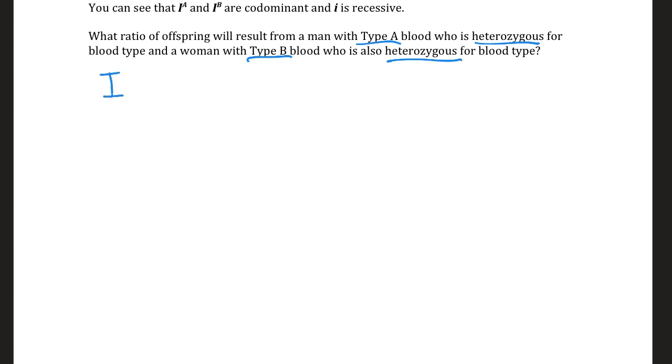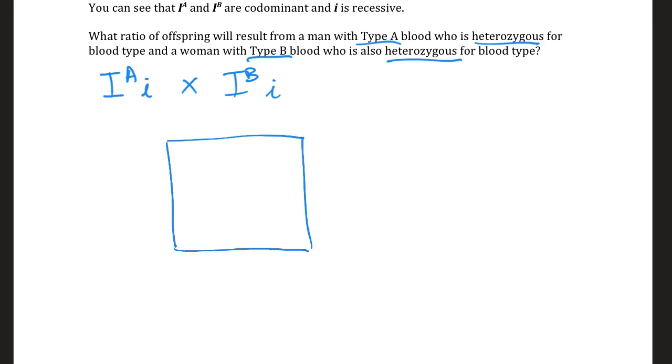For a man with type A, but he's heterozygous, the other one is not IA. The only other possibility is a small i. And the woman happens to be type B, and she is also heterozygous. So that's going to be your cross. So we'll draw our Punnett Square.